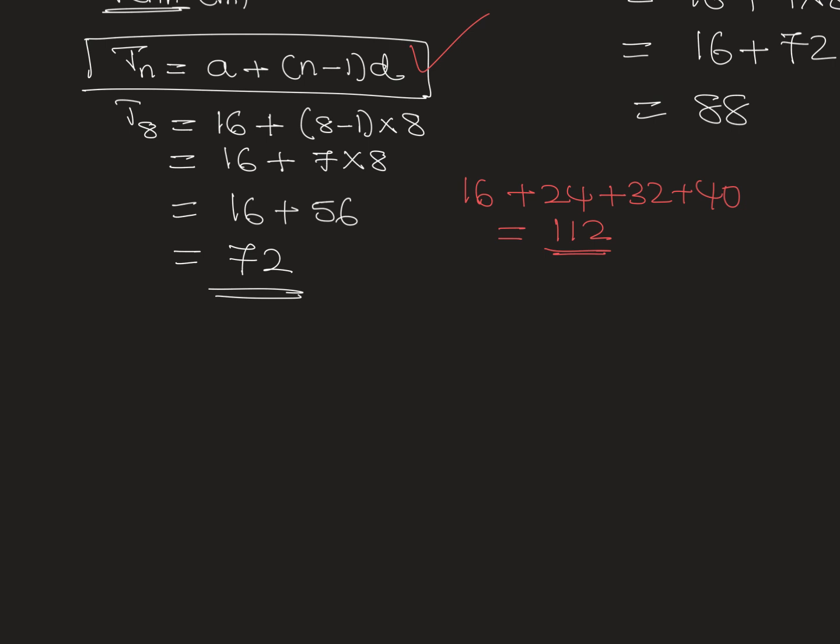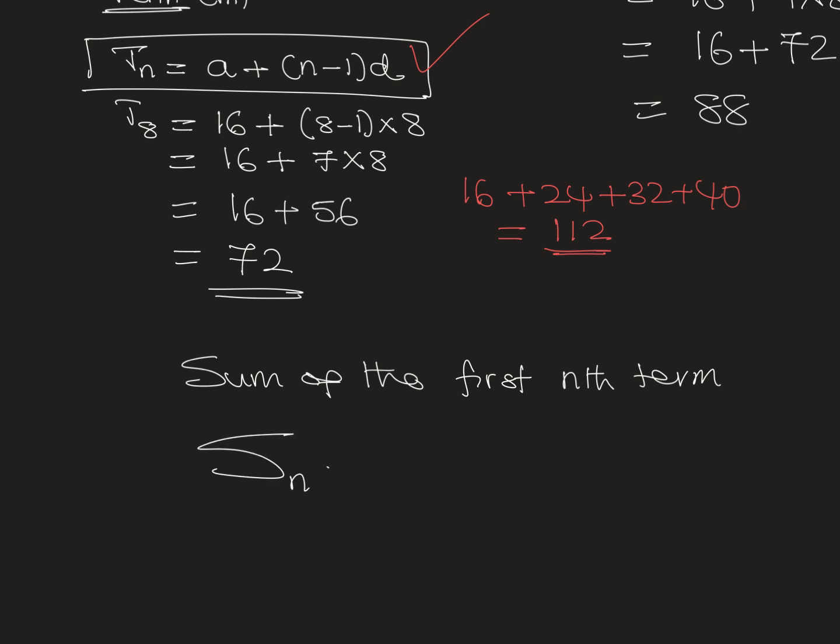Instead of just adding it like that, we can use the formula to be able to find the sum of the terms. So the sum of the first, let's say, nth term, where n will be the term, is given by the formula s sub n is equal to n over 2 into a plus l. The l is the last term of the sequence.